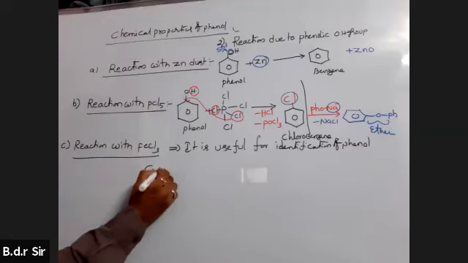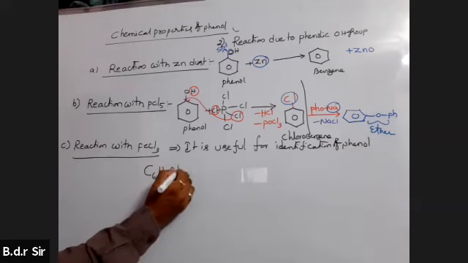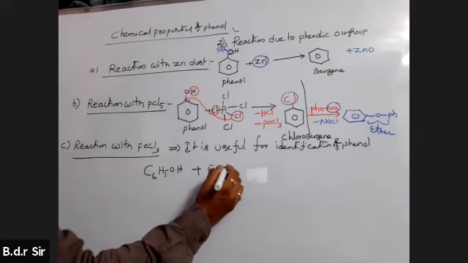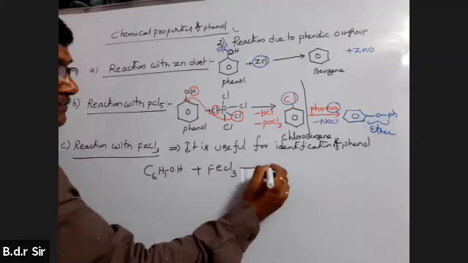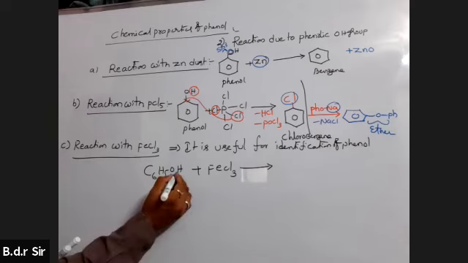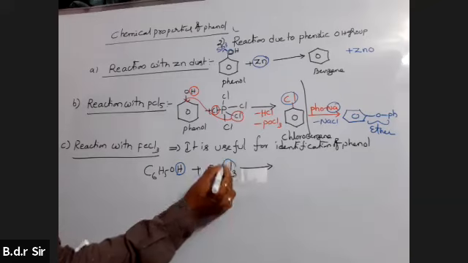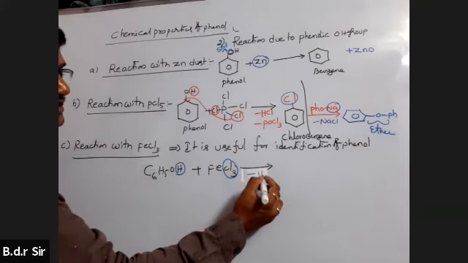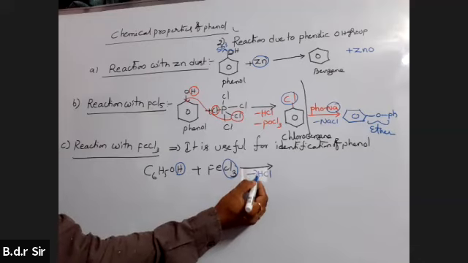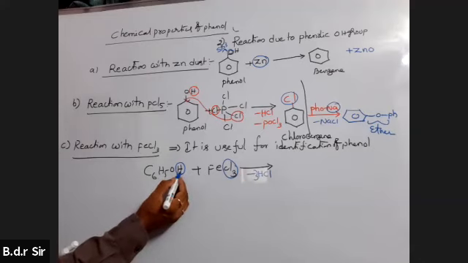Observe this structure. Phenol, C6H5OH, reacts with ferric chloride. Here, hydrogen reacts with chlorine to give HCl. How many chlorines? Three. These three hydrogens come from phenol.